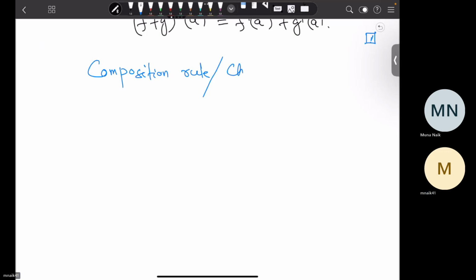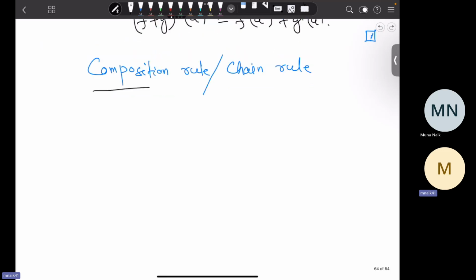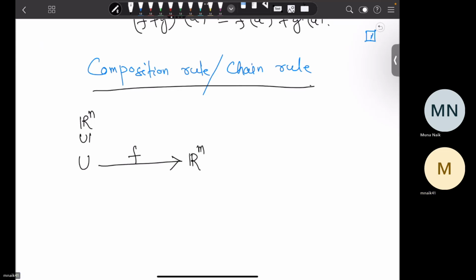Let U be an open subset of Rn, and suppose f is a mapping from U to Rm. Let B be an open subset of Rm, and g a mapping from B to Rk.